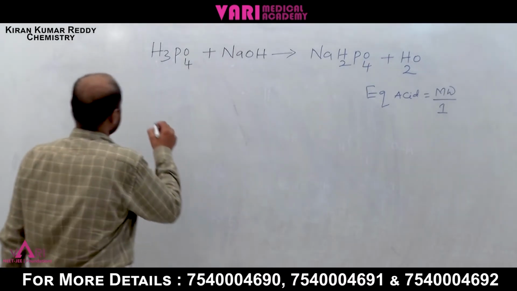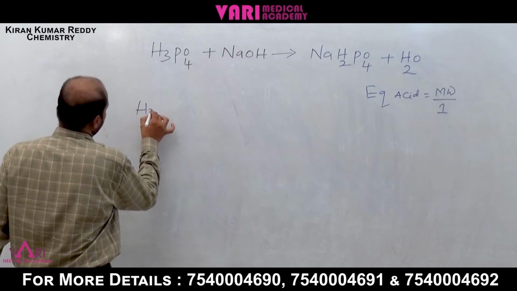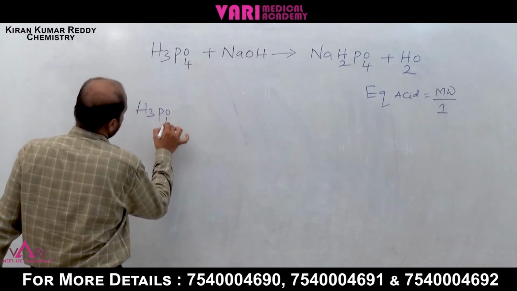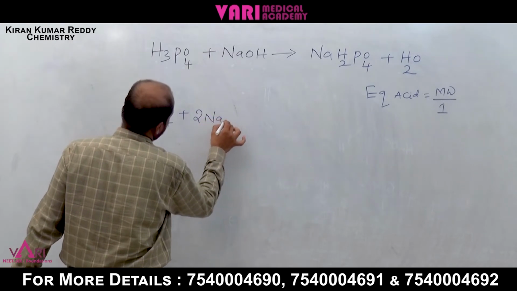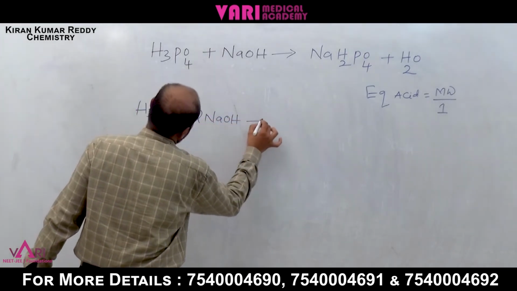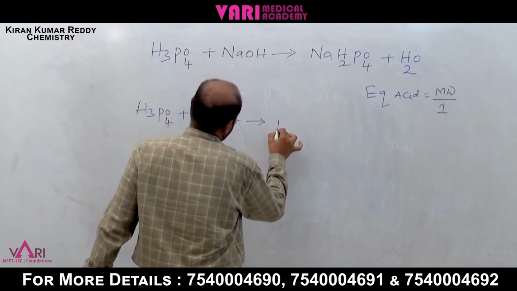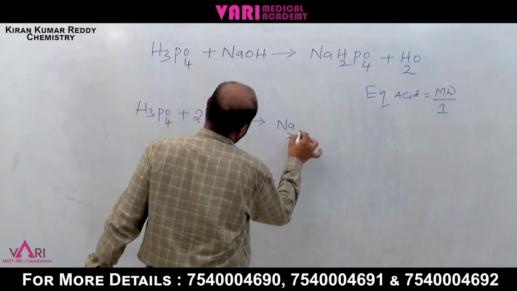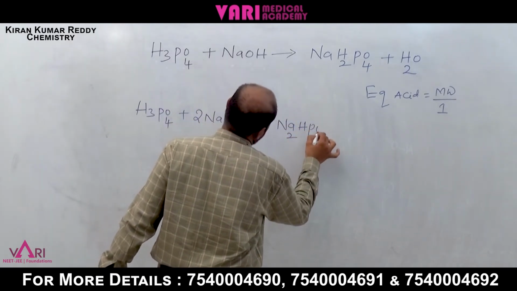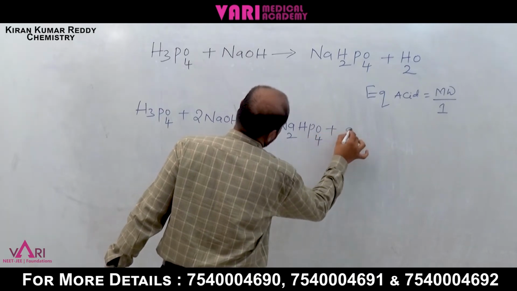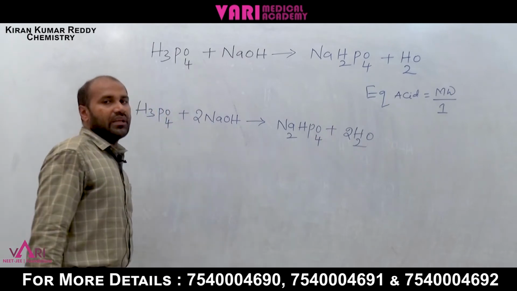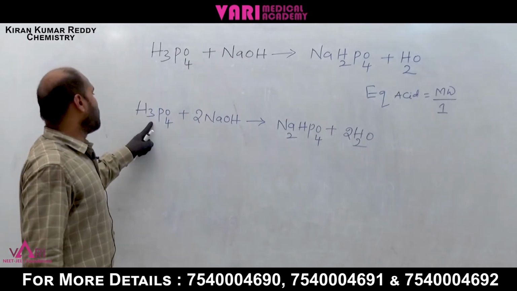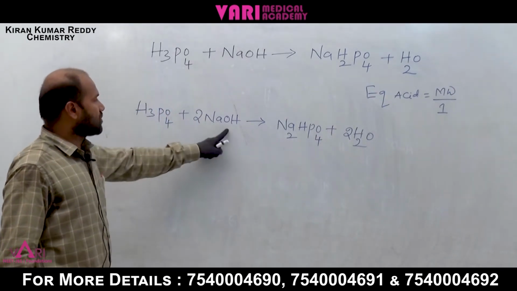We can take H3PO4 plus 2NaOH, which gives Na2HPO4 plus 2H2O. Here how many are replaceable? 2 hydrogens are replaceable, that's why 2H2O.